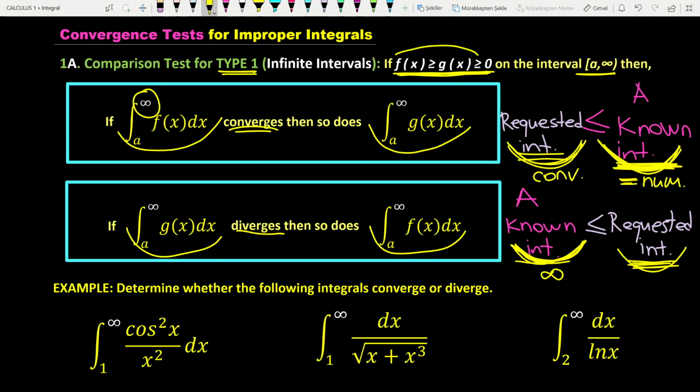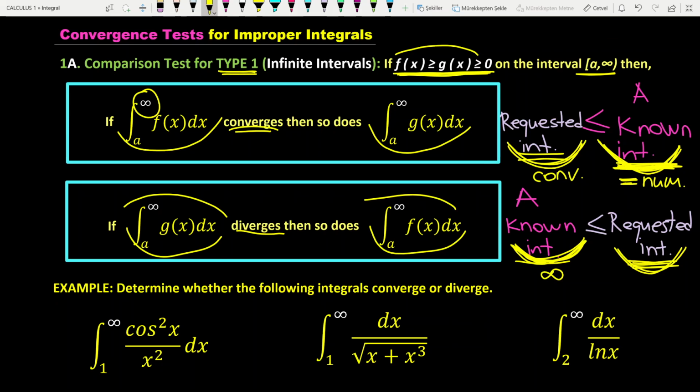The answer of the greater one must be infinity, it cannot be a number. So if the improper integral of g diverges, then the improper integral of f must diverge. Now let's try to understand the comparison test for type 1 with some examples.